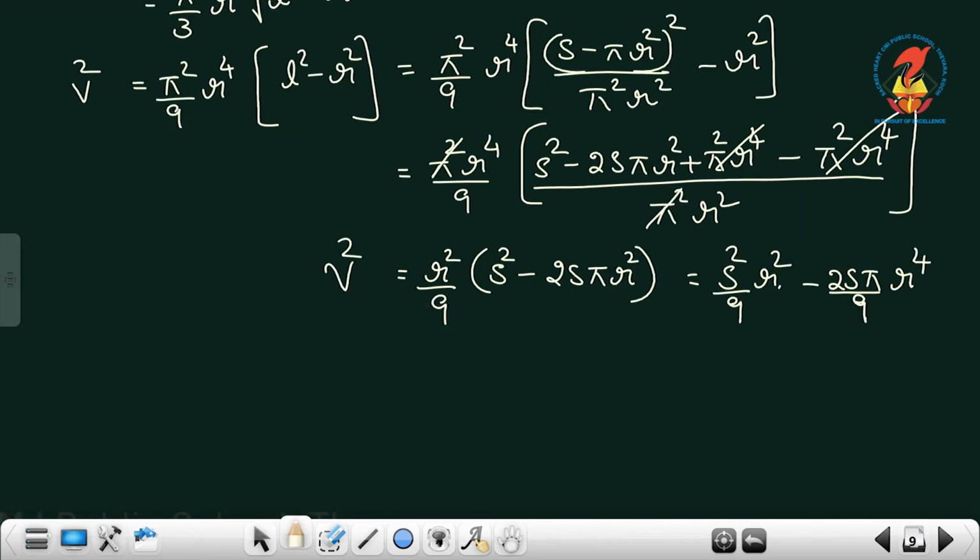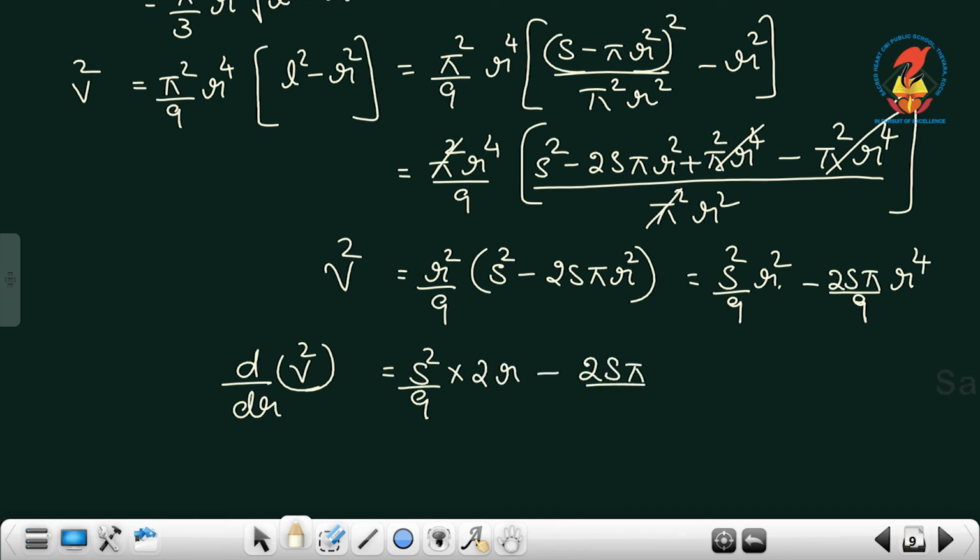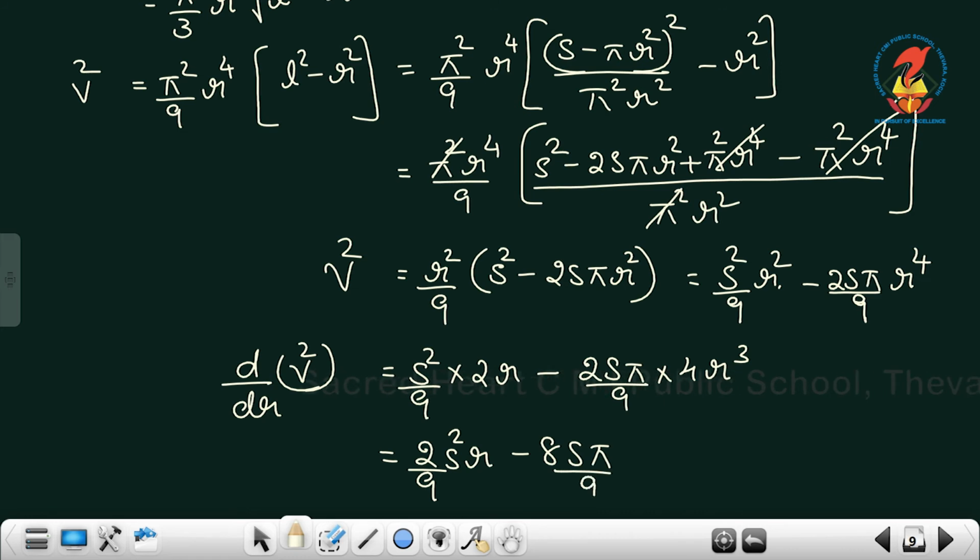Now find the derivative with respect to r. So s square by 9 constant into 2r minus 2s pi by 9 constant into 4r cube. Or I can write 2 by 9 s square r minus 8s pi by 9 r cube.